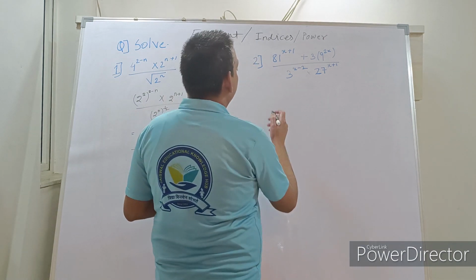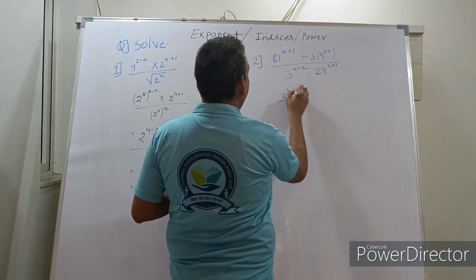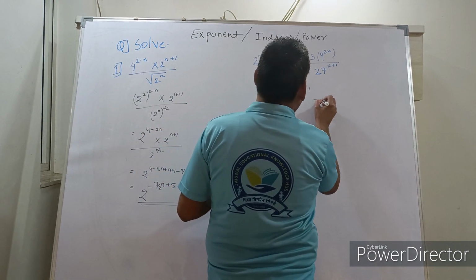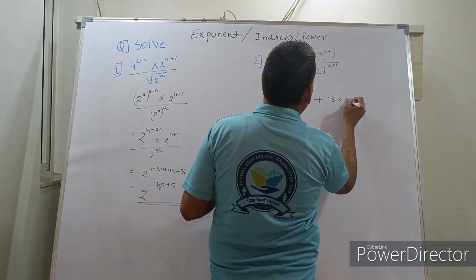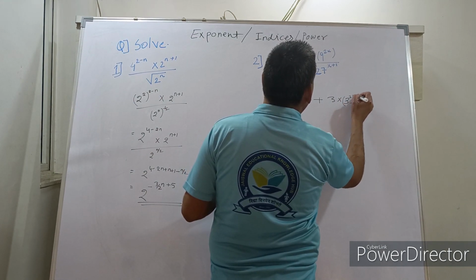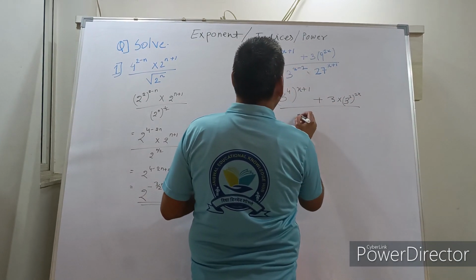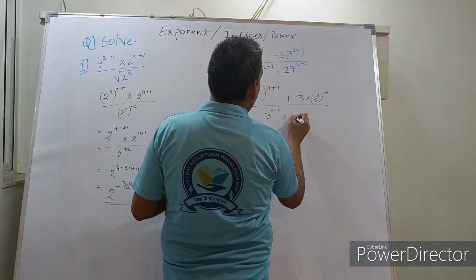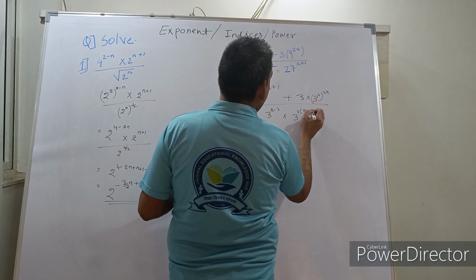So now 81 is nothing but 3 raised to 4, and raised to x plus 1, then plus 3 keep as it is, and this will be 3 raised to 2 raised to 2x whole thing upon, this is 3 raised to x minus 2 as it is into 3 raised to 3 and x plus 1 as it is.